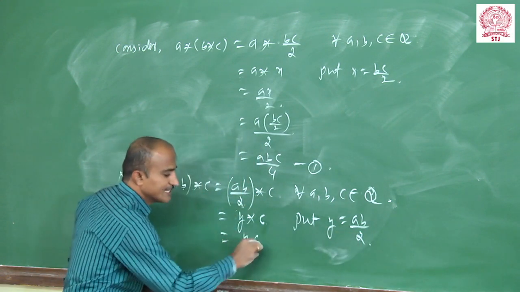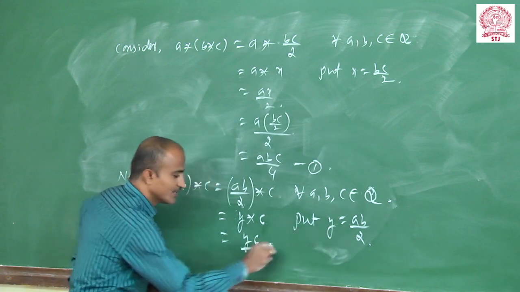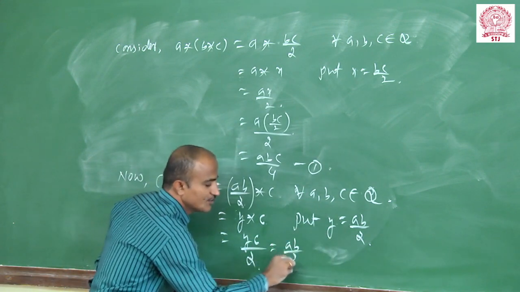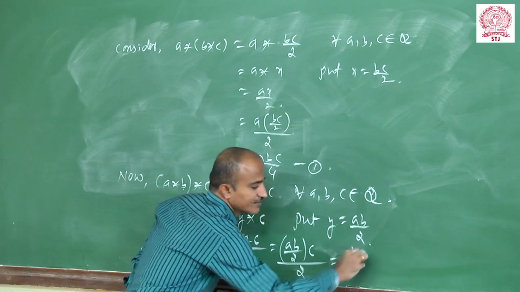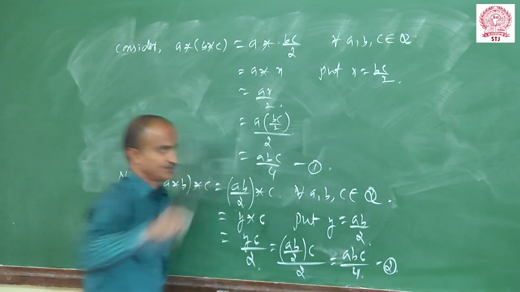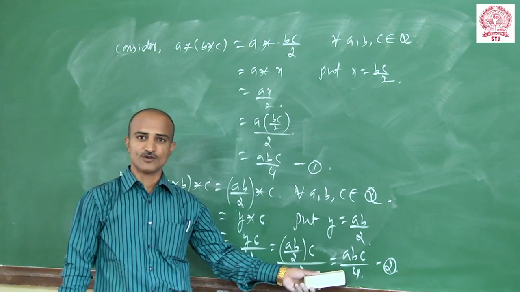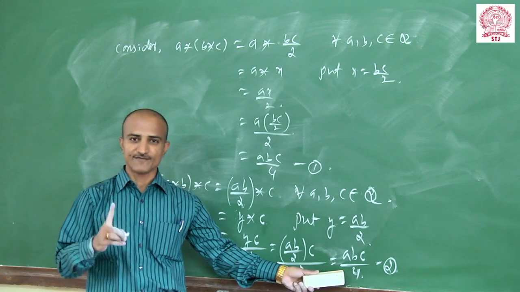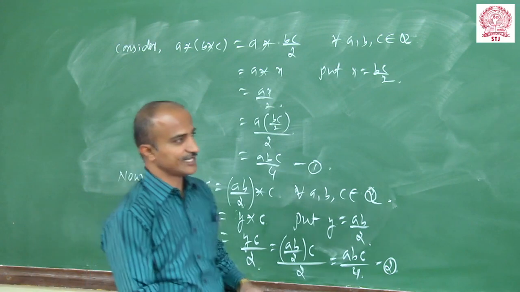Then it becomes YC by 2. What is Y? AB by 2. That will be AB by 2 of C by 2, which is nothing but ABC by 4. Call it equation 2. Compare 1 and 2, where 1 is ABC by 4, 2 is ABC by 4. Clearly 1 is equal to 2. Therefore, star is associative.